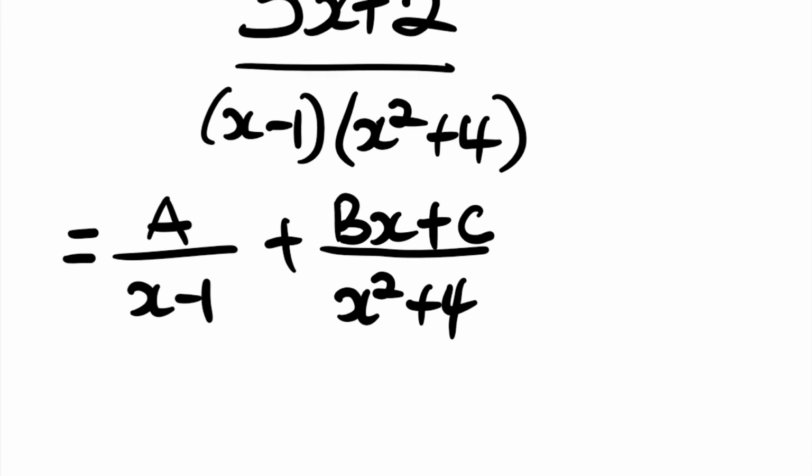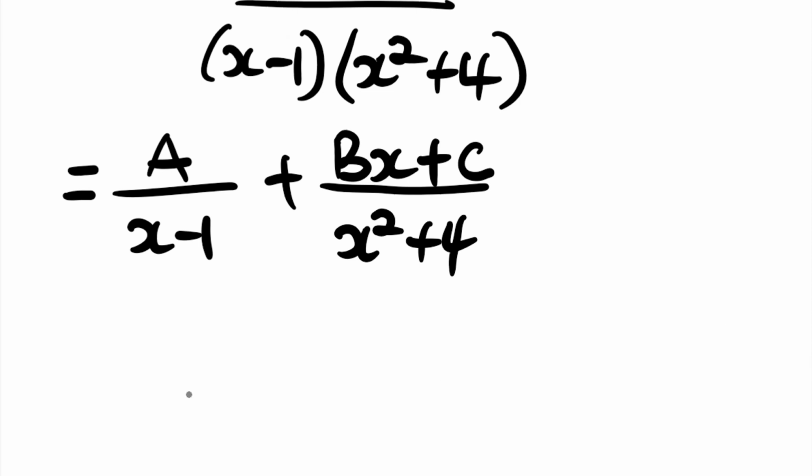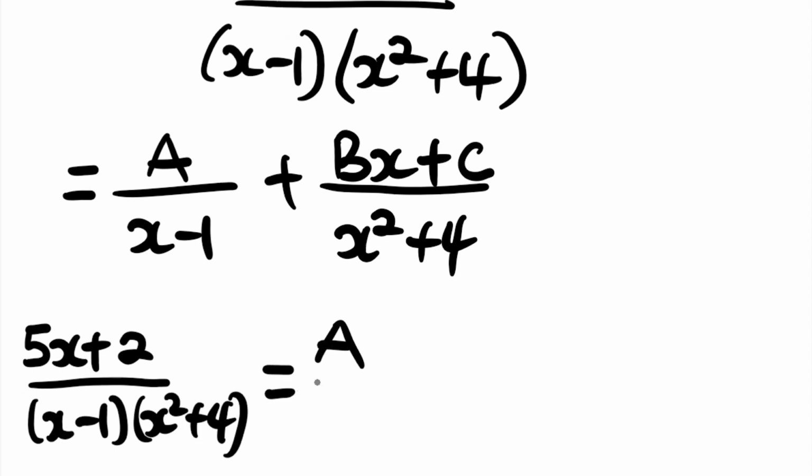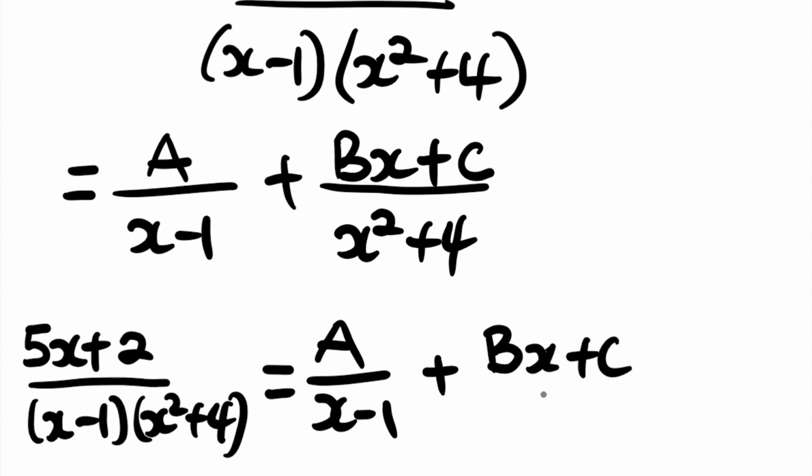Now let's proceed. We are going to rewrite whatever we have in one line: (5x + 2) over (x - 1)(x squared + 4) is equal to A over (x - 1) plus (Bx + C) over (x squared + 4).